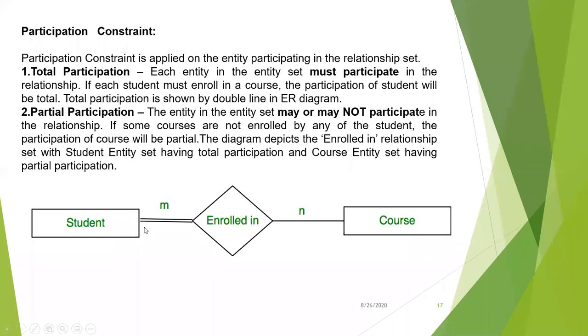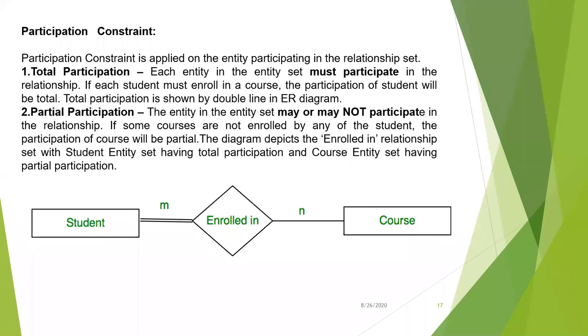So here we are representing it with double lines. Okay. So that means he participated in that relation, he is strongly associated with that relation. Then it is called total participation. If an entity may or may not participate in the relationship, then it is called partial participation.